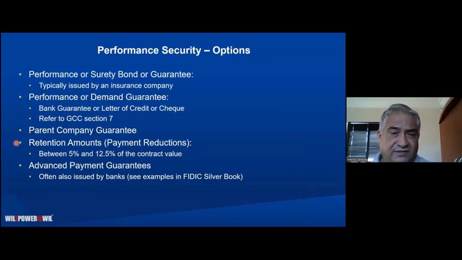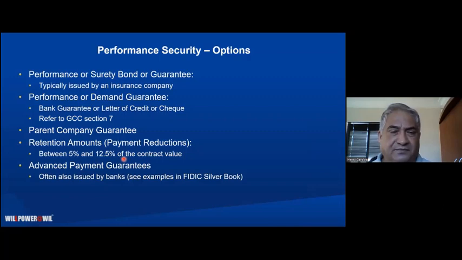So you'll say there's a retention amount of between 5 and 12.5%. After a particular phase is done, and you're going to bill us, we're going to retain 5 or 12%, whatever that is, of the money. And if there are any defaults or mistakes, then you will fix them, and afterwards we will pay that 5%, 12%. So a retention is also another form of performance security.